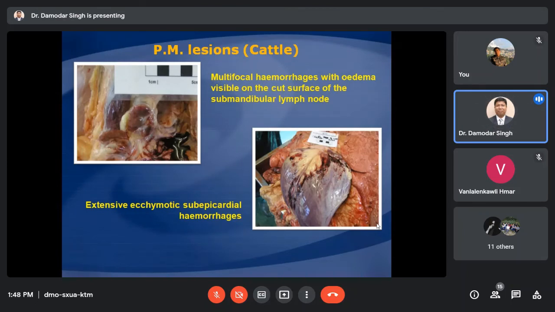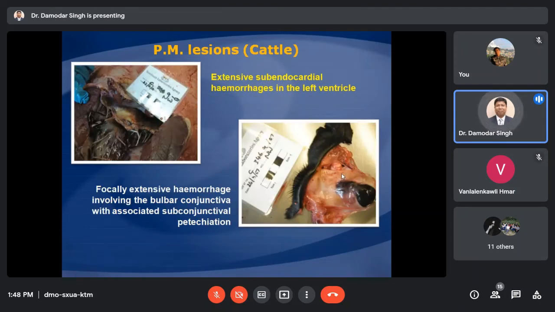And in cattle also, similarly, multifocal hemorrhagic lesions with edematous swelling may be found on the cut surface of the submandibular lymph nodes, and similar extensive ecchymotic subepicardial hemorrhagic lesions may also be found on the subepicardial portion of the heart.